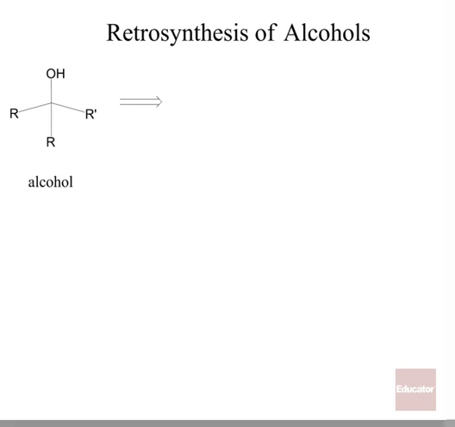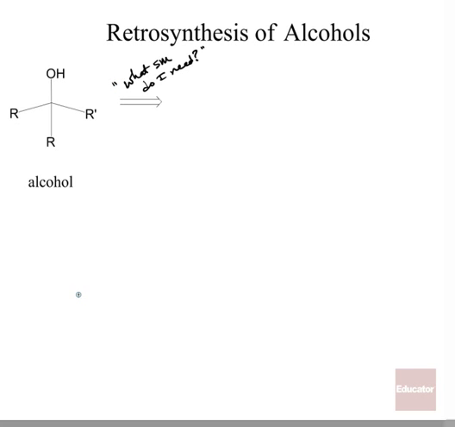And where this comes in handy is if we are given an alcohol as a target molecule, we can keep that in mind as we plan our synthesis. So if we wanted to take a look at the retrosynthesis of this alcohol, retrosynthesis is asking, what starting materials do I need to make this alcohol?